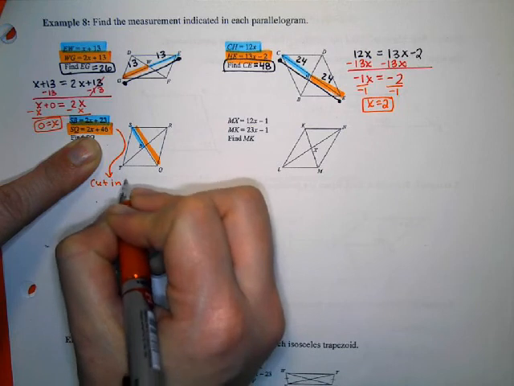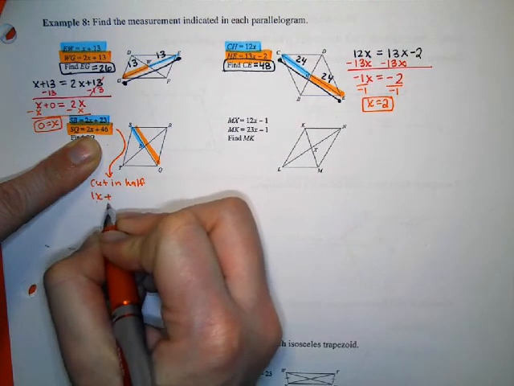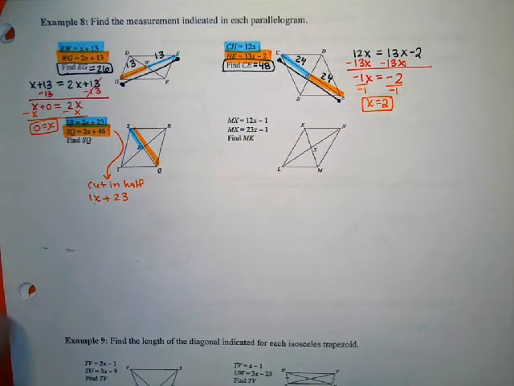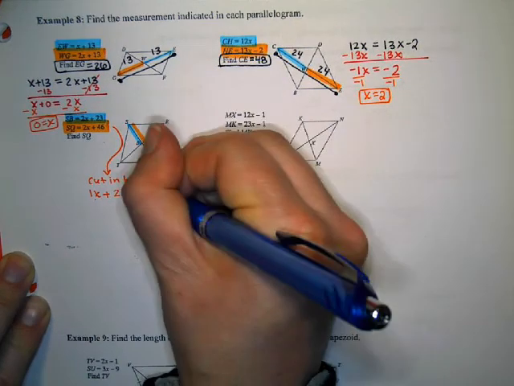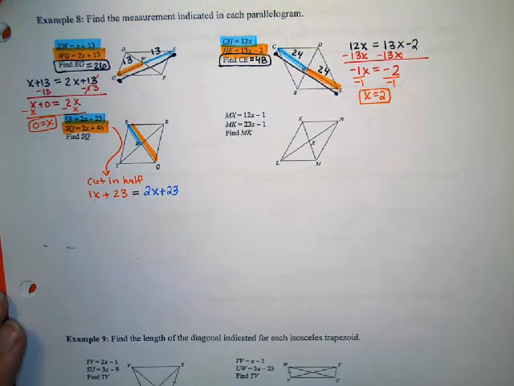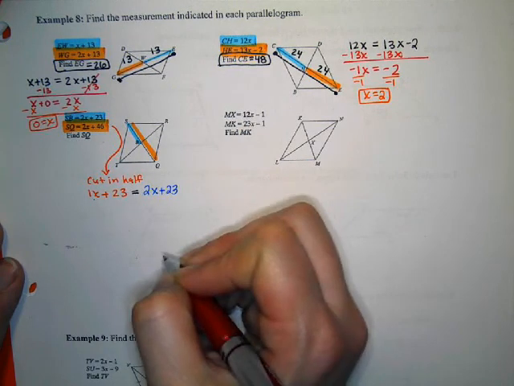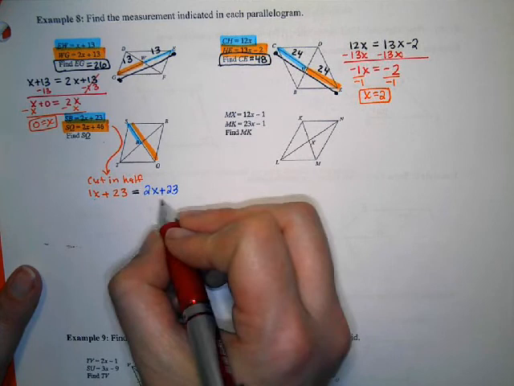Both. Cut in half? Okay, let's take the orange one. What is the orange one cut in half so it'll become the same size as the blue? 1x plus what? 23. Good job. Now I can say it equals the blue one.